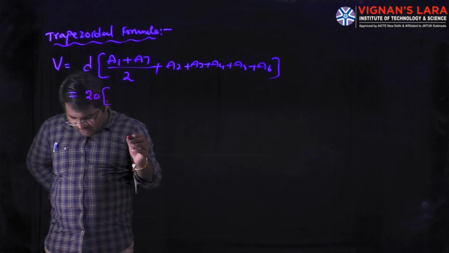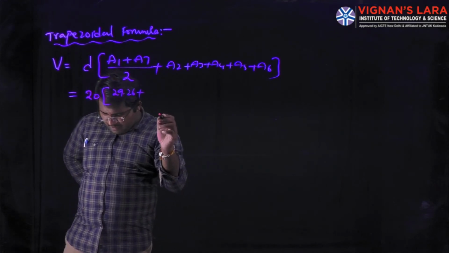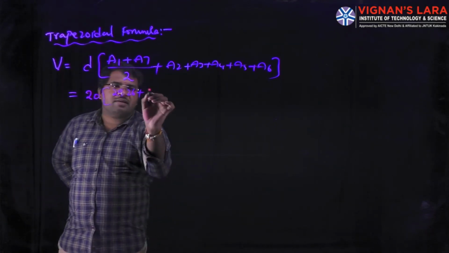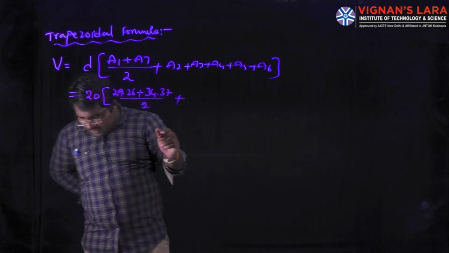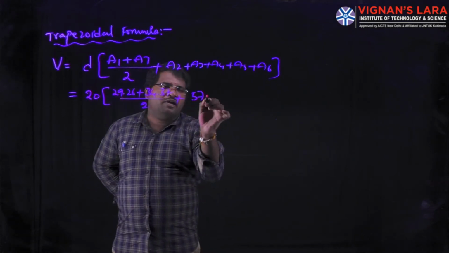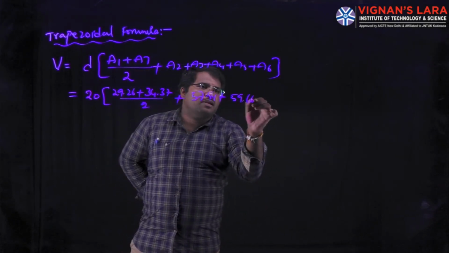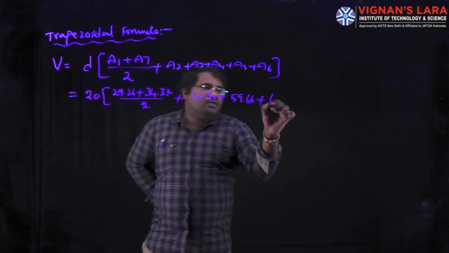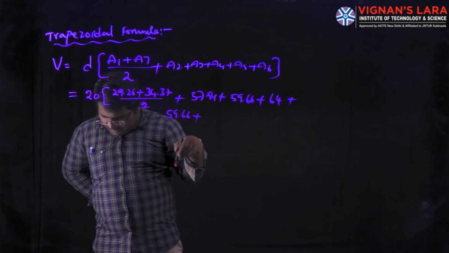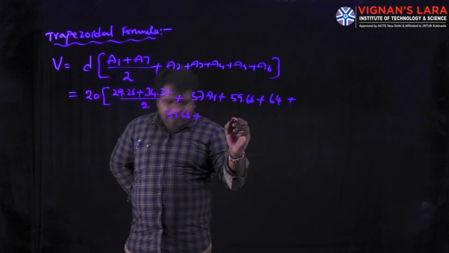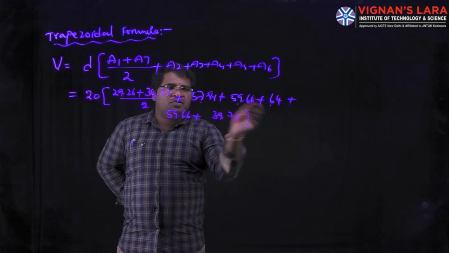So the A1 value is 29.26 plus the A7 value 34.37, divided by 2, plus A2 which is 57.54, plus A3 which is 59.66, plus 64, plus 59.66, plus 39.76, that is A2, A3, A4, A5, A6.